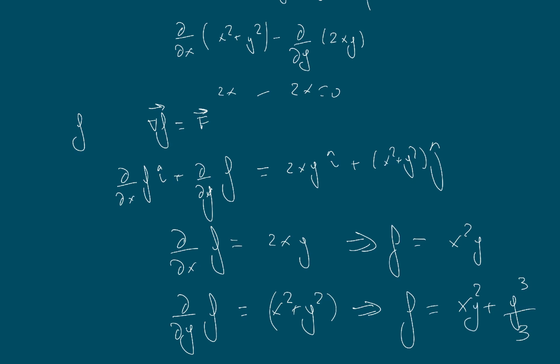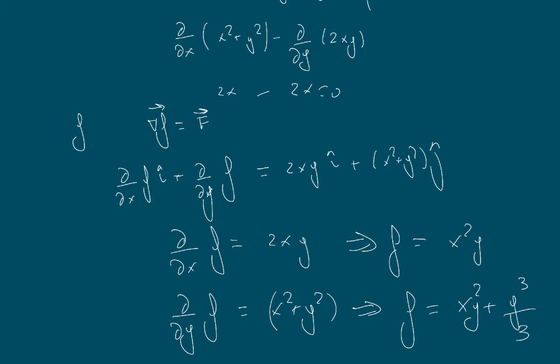So I need to put a y. Now the derivative of f with respect to y will be x squared. And now I need to produce a y squared. So the derivative with respect to y of y cubed divided by 3, 3y squared divided by 3, will produce this.